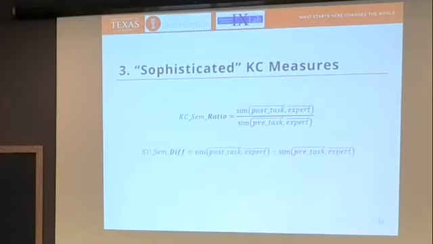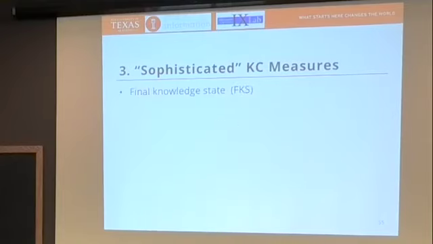And the expert knowledge was collected by using Mechanical Turk, so Amazon Mechanical Turk system, and then it was verified by a medical doctor, so that we had some trust, or higher trust in this set of keywords. And we calculated the ratio of change between the semantic similarity before the task and after the task, and also a simple difference.